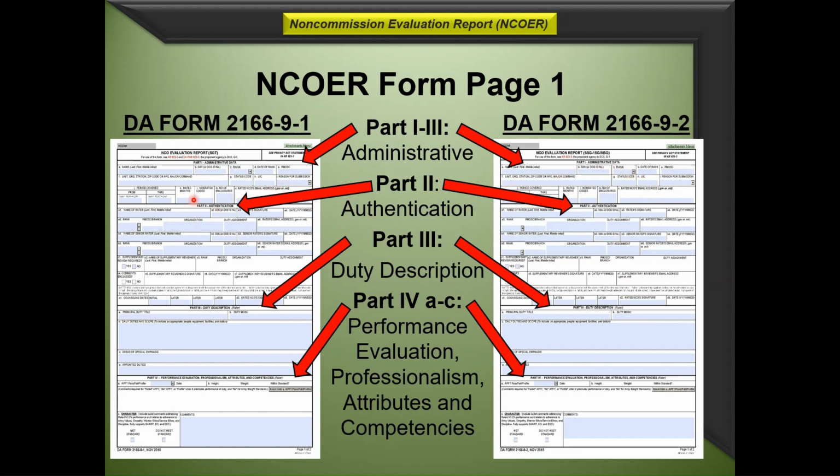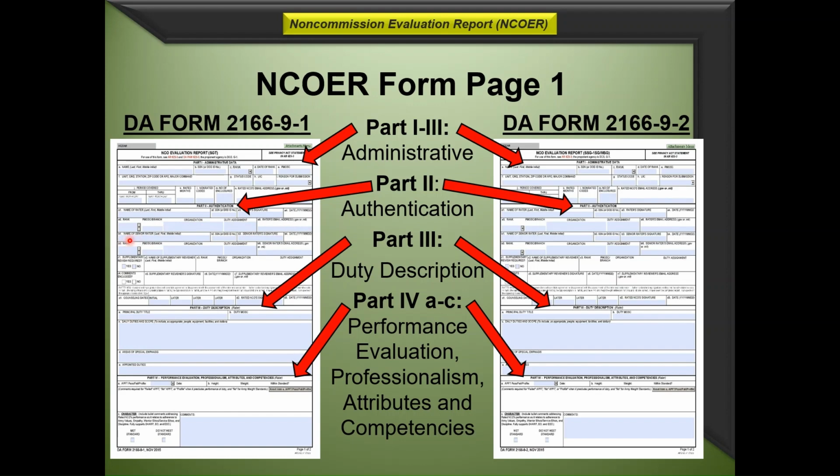All right, so now we go down to part two, authentication. Okay, so here you would have the rater's name, you would have their DOD ID number, all right, and ultimately, eventually, they would sign it when they are done filling out this form. Again, they would not sign it though until the form is complete. Okay, you have their rank, primary MOS or branch, organization, duty assignment, and their email address.